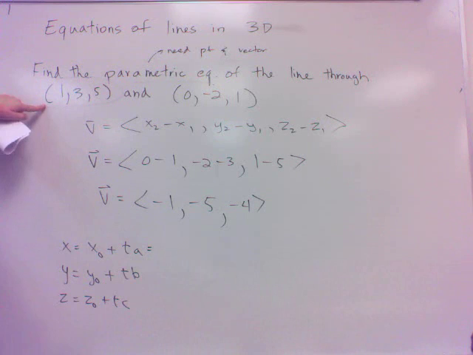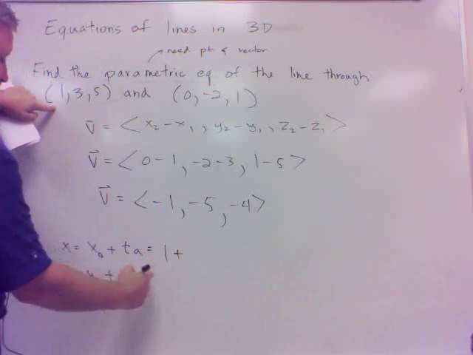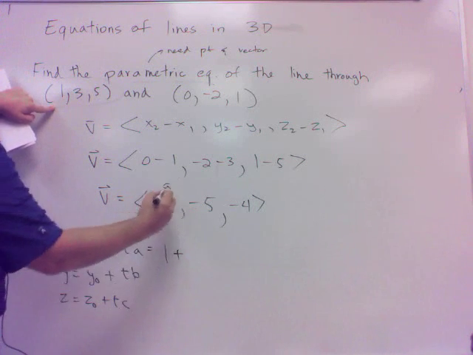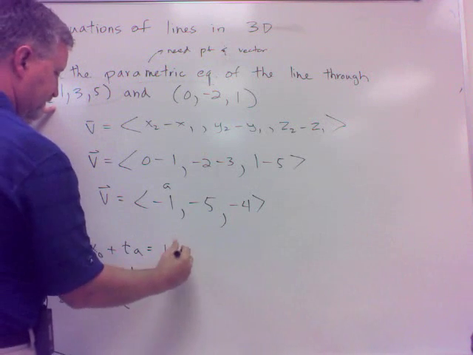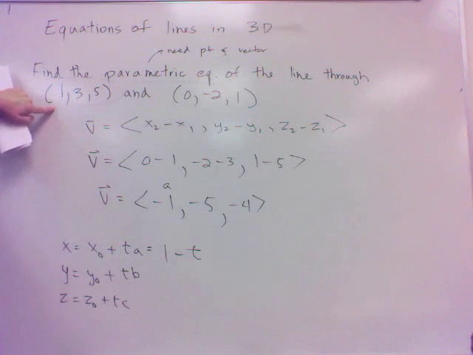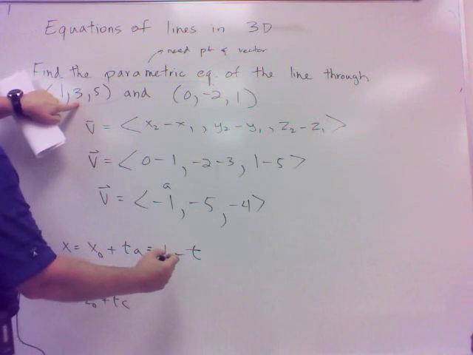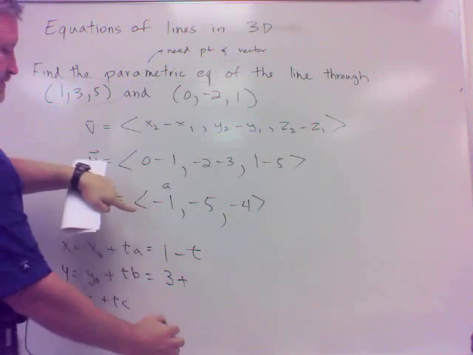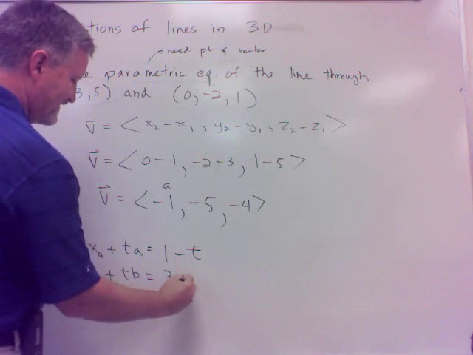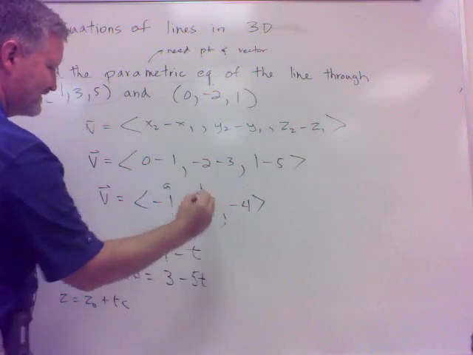But let's just do x0 is the first one here. So that would be 1 plus t times a. This will be our a, right? So it would actually be 1 minus t. And then y0, so we're using this point, so that'd be 3 plus negative 5t, because this is b.